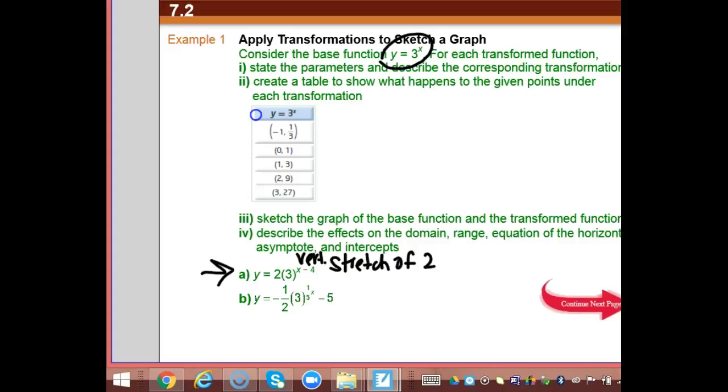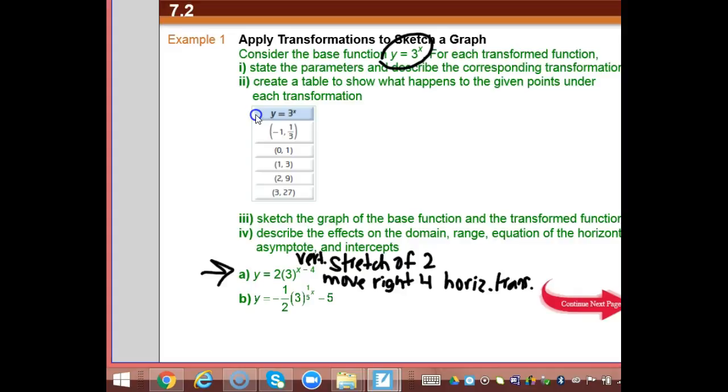It's an increasing function. Then we're going to move right 4, and that's called a horizontal translation.